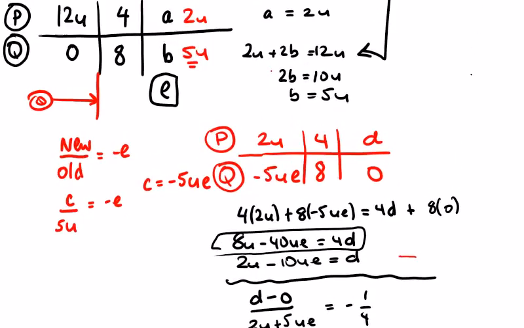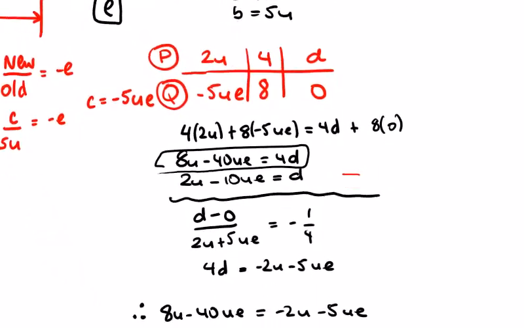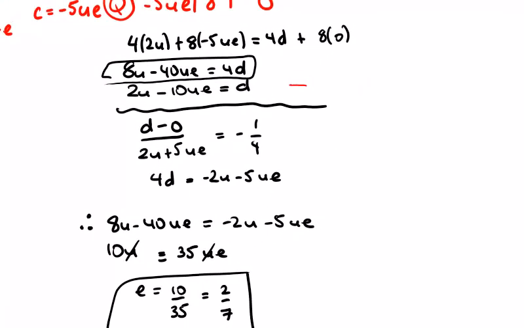What were we asked to show it was? Thankfully, we were asked to show it was 2 over 7. Then we're asked to find the final velocity of P in terms of u. So that's just D. Here, D is equal to 2u minus 10u times E, which is 2 over 7.